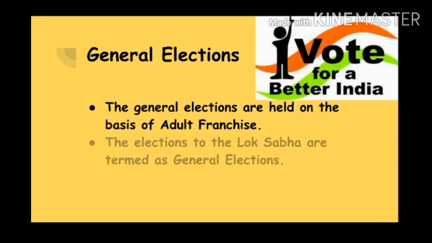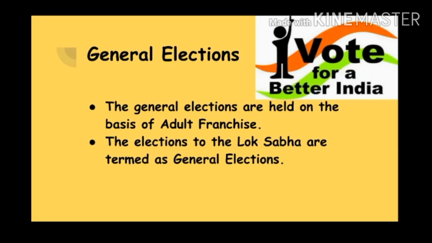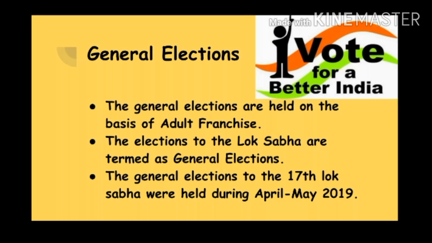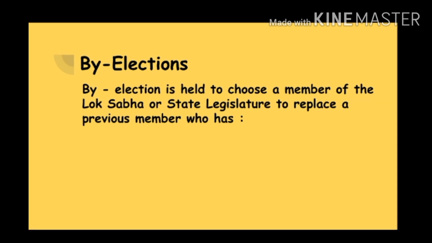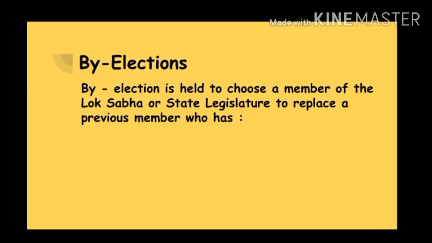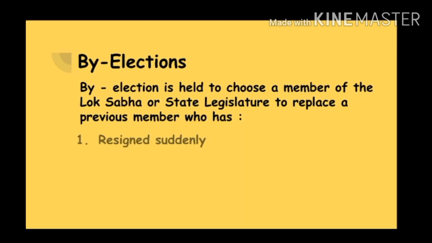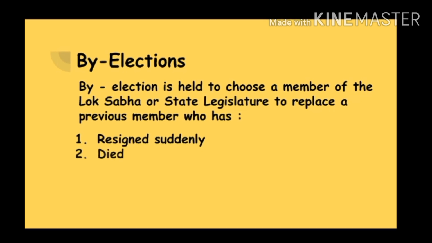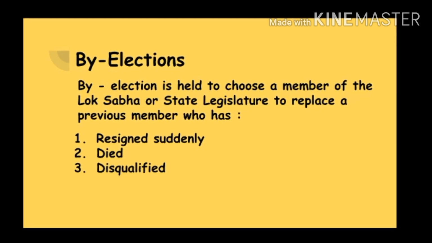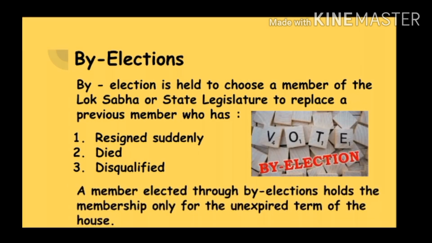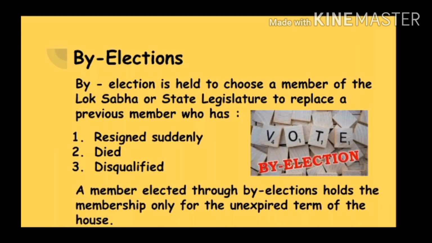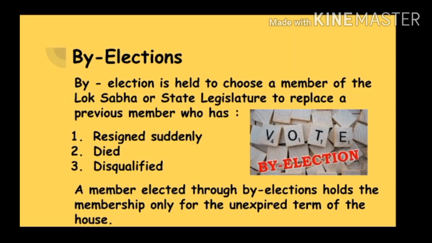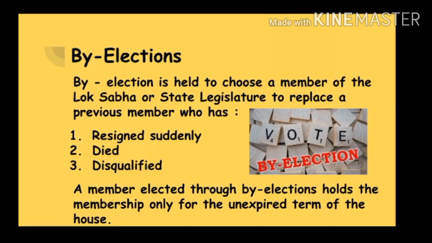The elections to the Lok Sabha are termed as general election. 2. By-election. A by-election is held to fill the vacant seat of Lok Sabha or State Legislative Assembly when the member has resigned, died or been disqualified. The candidate elected through a by-election is only elected for the remaining term.